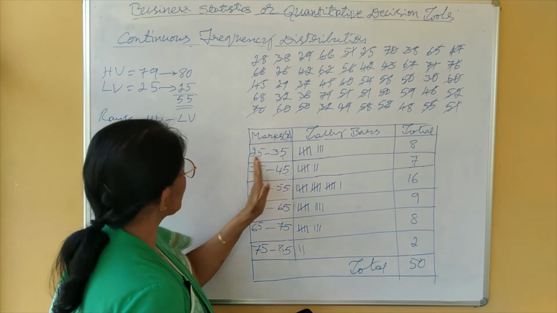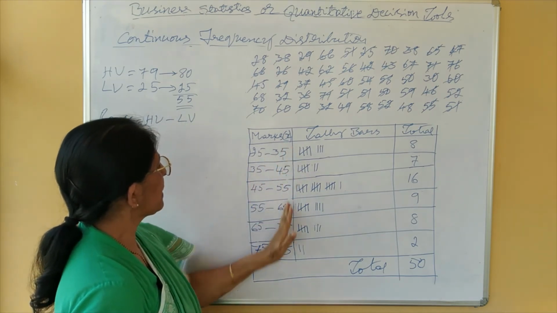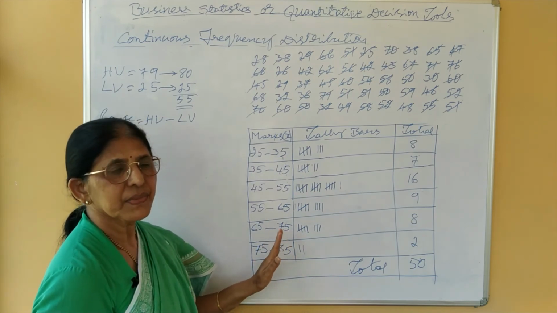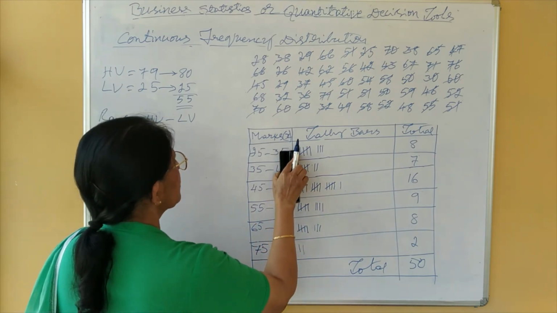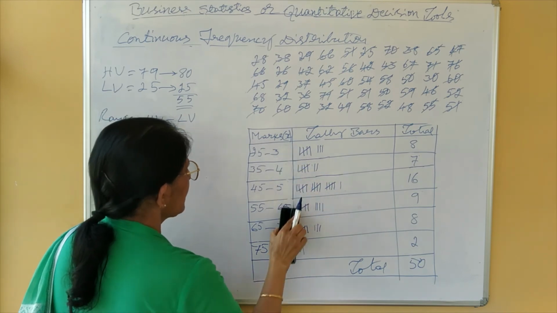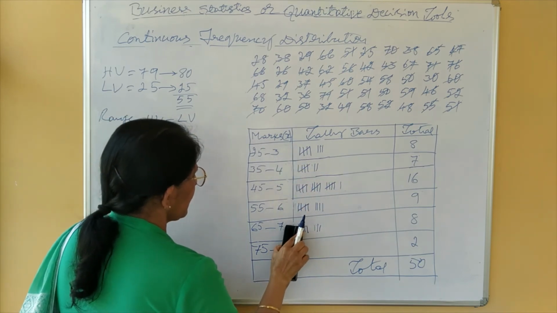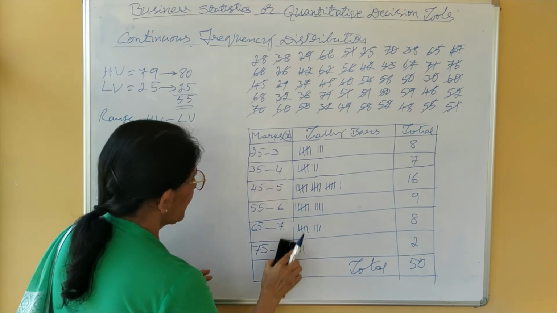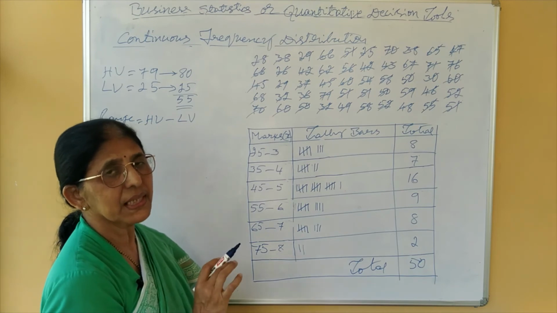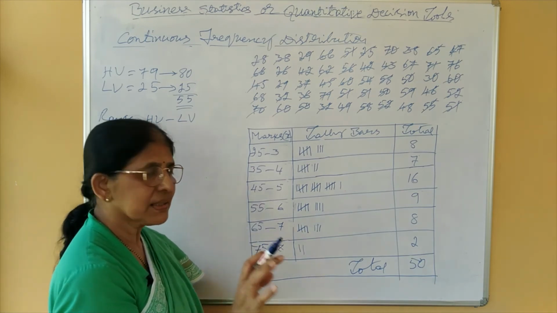That means only the upper limit of each class will change. When it is asked to prepare under the inclusive method, we have to take the classes in such a way that the upper limit of any class is not equal to the lower limit of the immediate next class, but the class interval is the same.